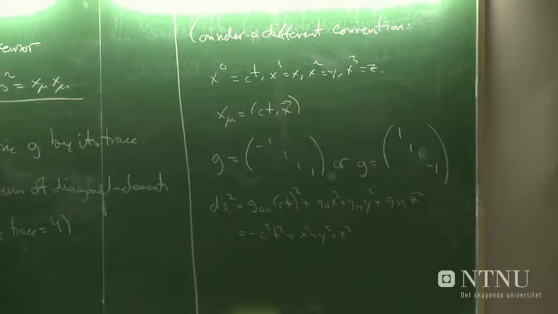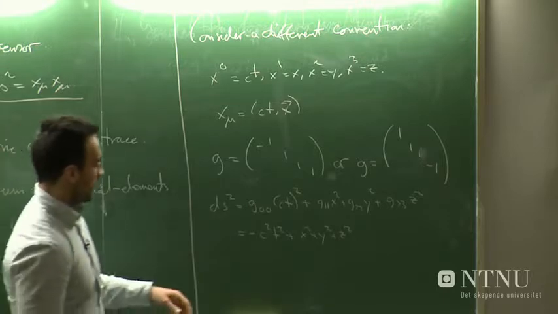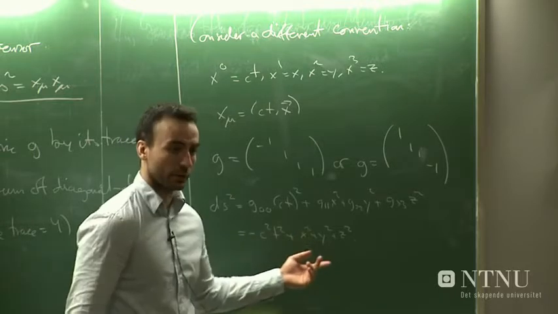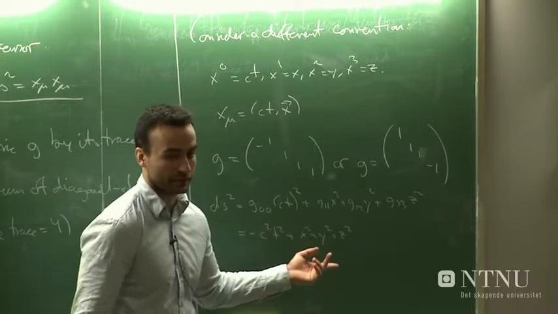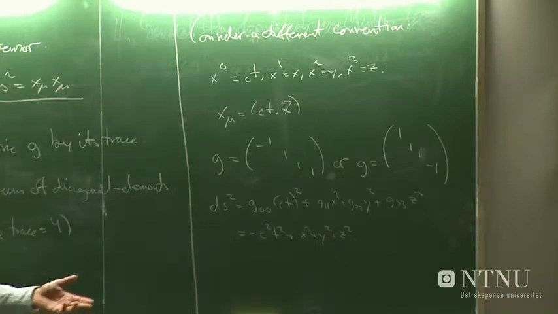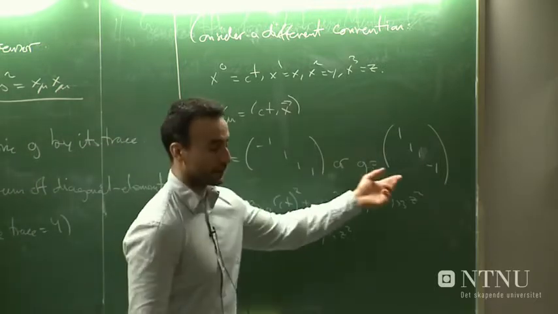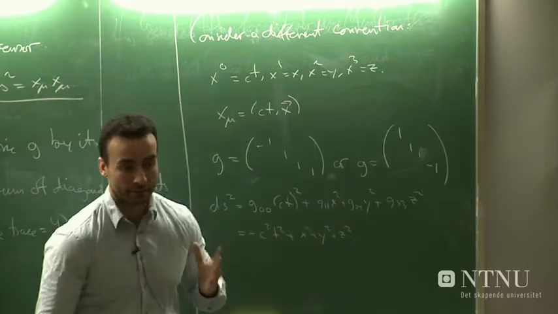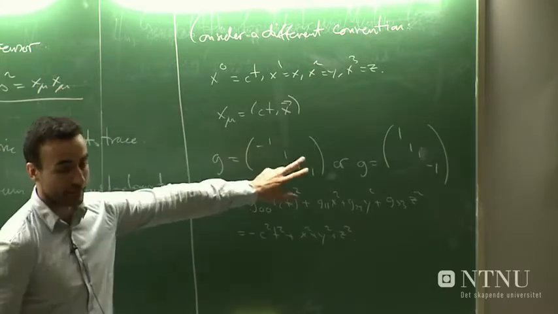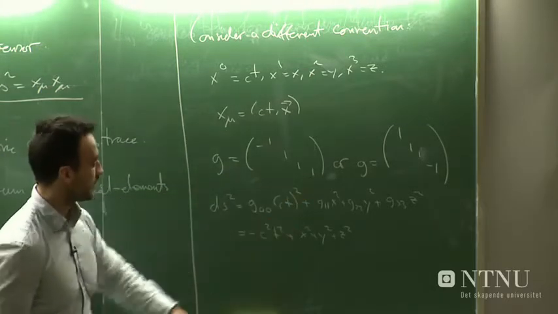(1, 1, 1, -1). So just by multiplying the metric tensor with an overall minus sign, well, then you would just get c squared t squared minus the norm of the spatial position vector. But ds squared would still be an invariant. It's just an overall minus sign. So both of these choices for the metric tensor will give us an invariant path element in Riemann space. So we see then that the classification of these two metrics are different.